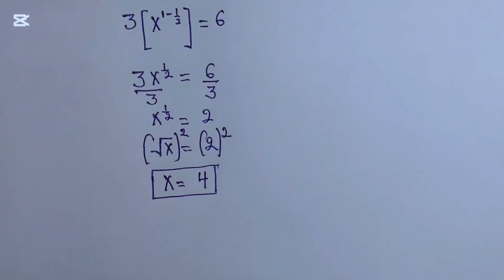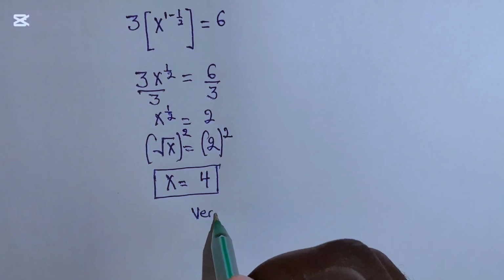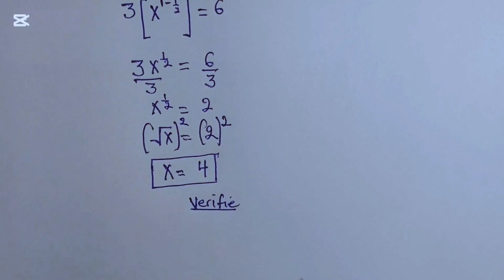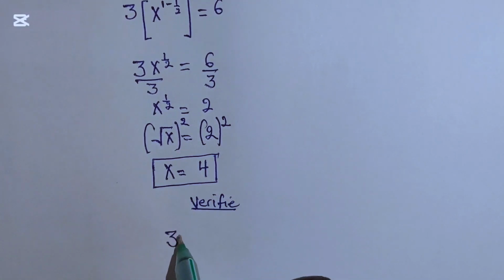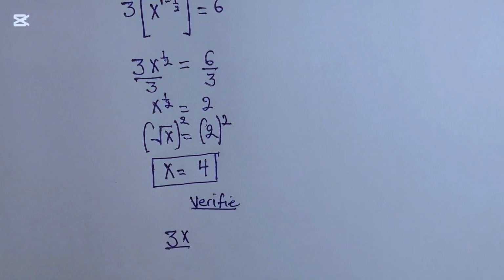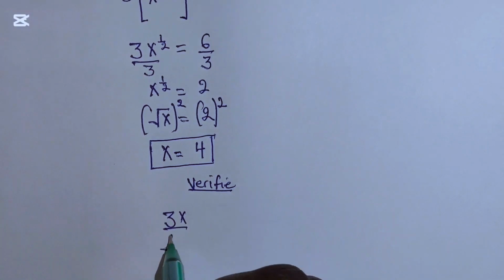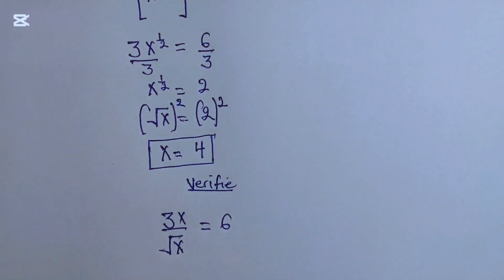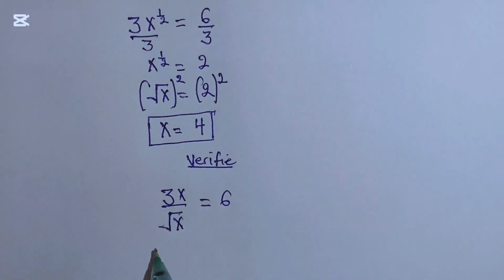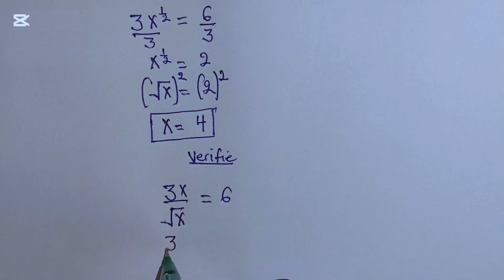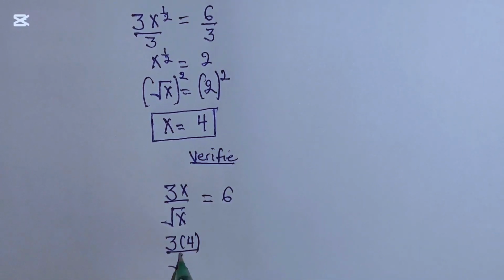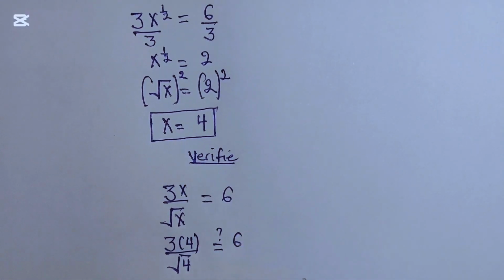Then let's verify our answer. We have 3x over the root of x, which equals 6. By replacing the value, we have 3 times 4 over the square root of 4, is equal to question mark 6.